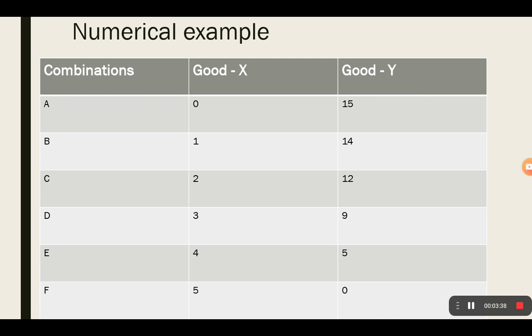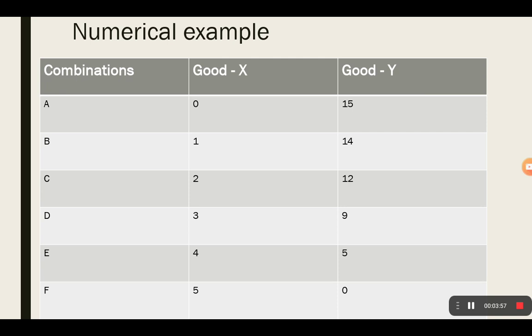Now when we take combination B, we have increased the production of good X by 1 unit and we have sacrificed the production of good Y by 1 unit.